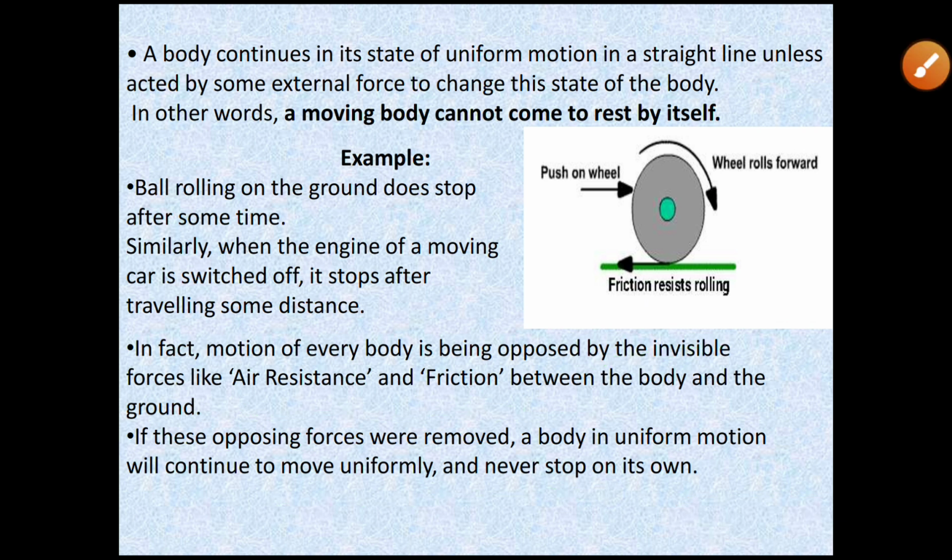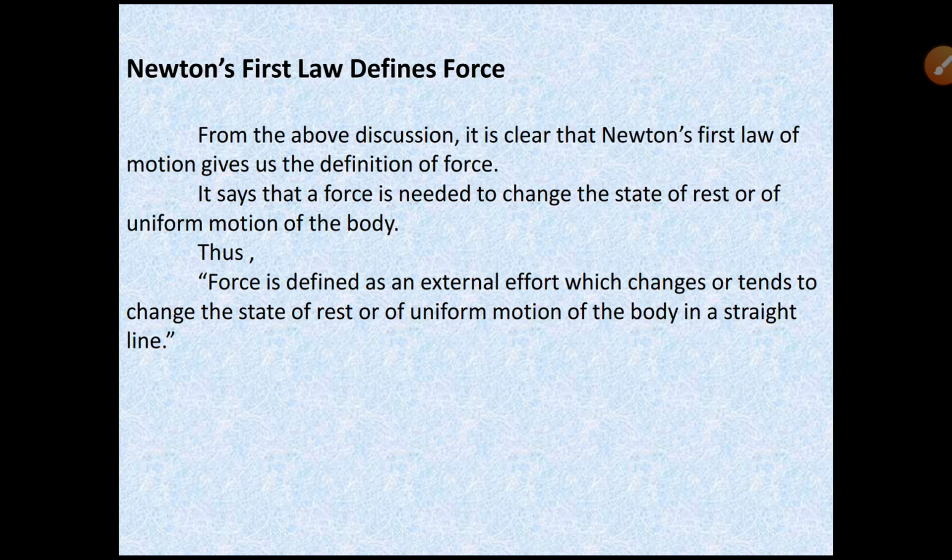Like in space, there is no friction. So if you allow a body to move, it will continue to move unless the gravitational force of a planet, a moon or any other body pulls it, and then it will fall on that planet.